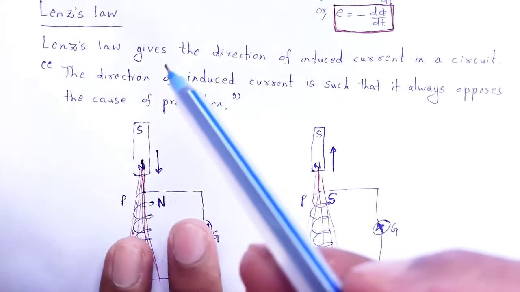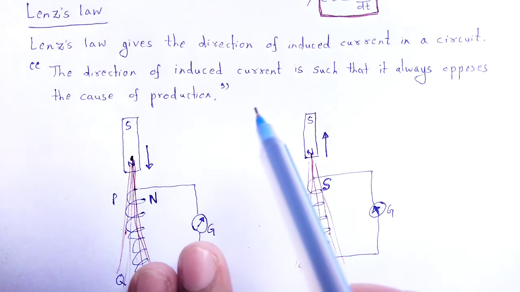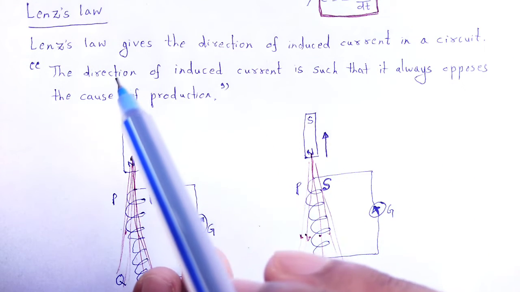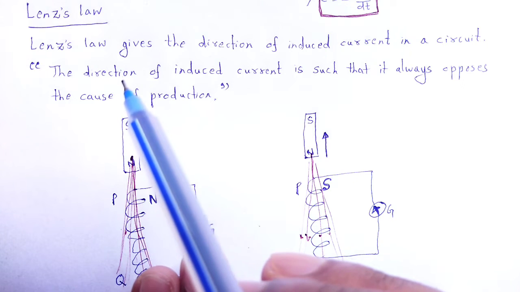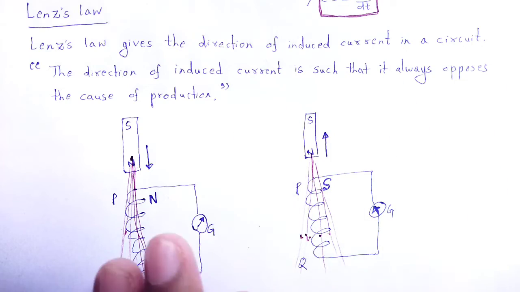So, Lenz's law gives the direction of the induced current in the circuit, which is taken as the direction of induced current such that it always opposes the cause of its production.